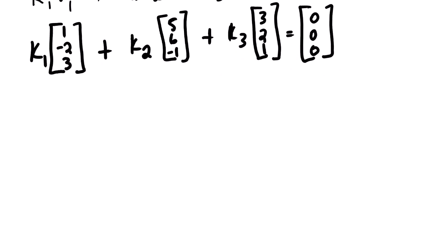Basically we need to show or prove that k1, k2, k3 equal 0. If we find that k1, k2, k3 equal 0, then we conclude that v1, v2 and v3 are linearly independent. If k1, k2, k3 are not equal to 0, then the vectors are linearly dependent.